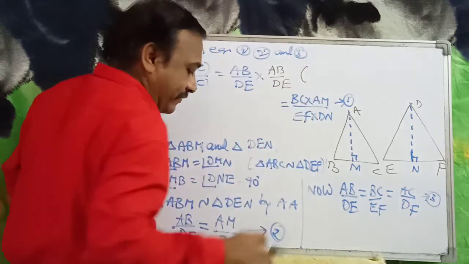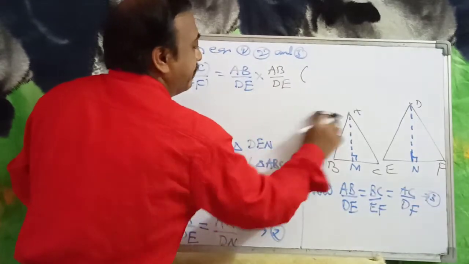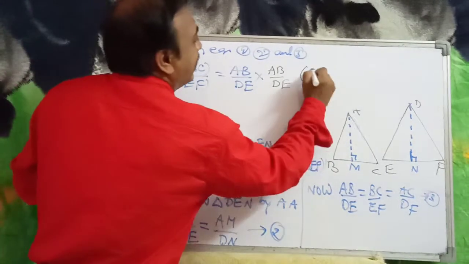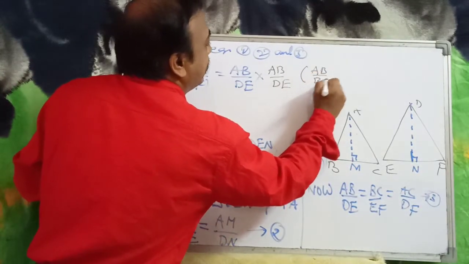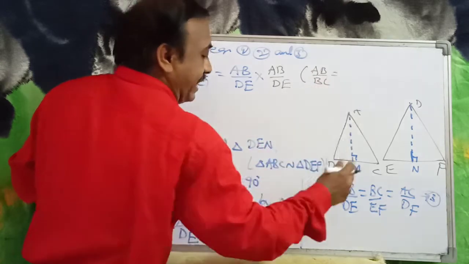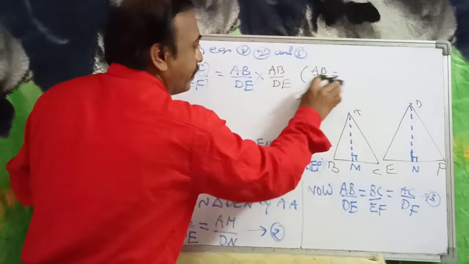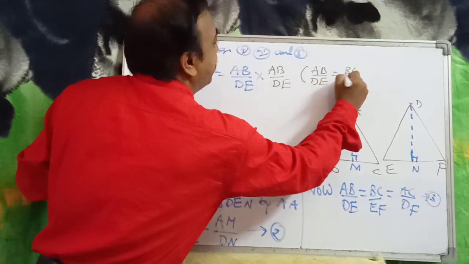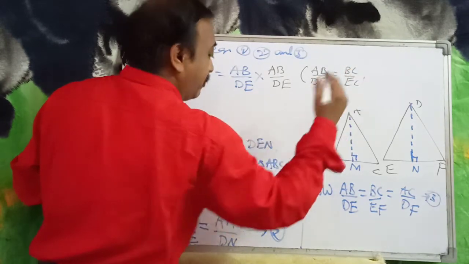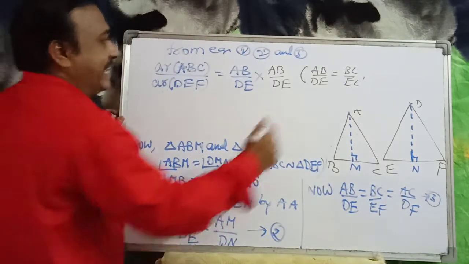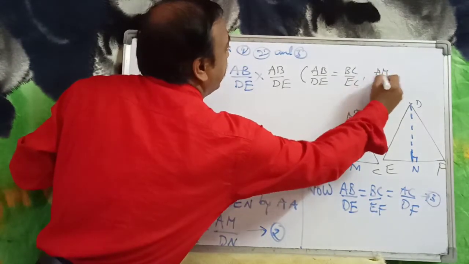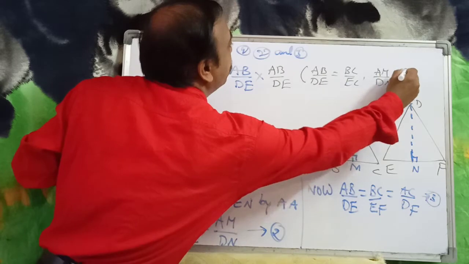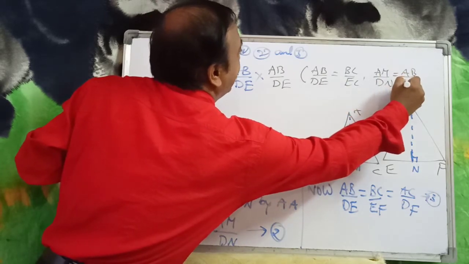So in the bracket we write AB by DE is equal to BC by EF, and one more, AM by DN is equal to AB by DE.